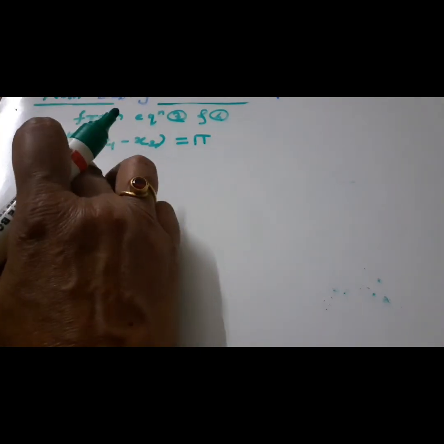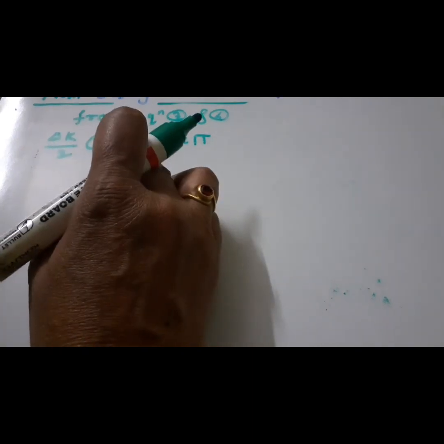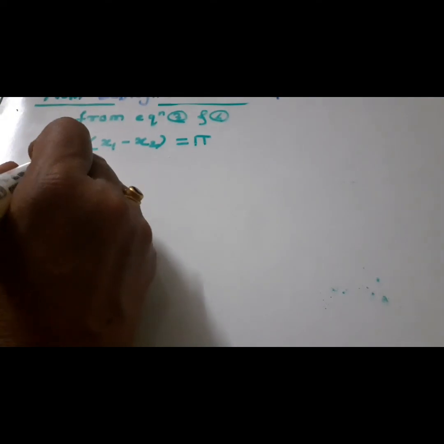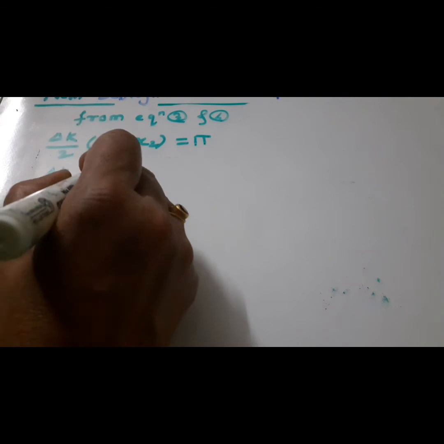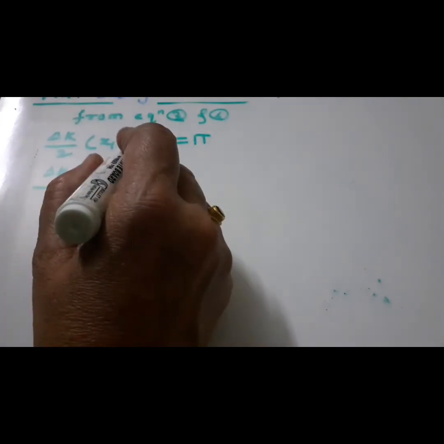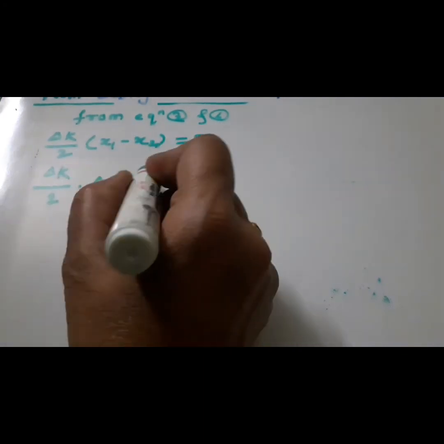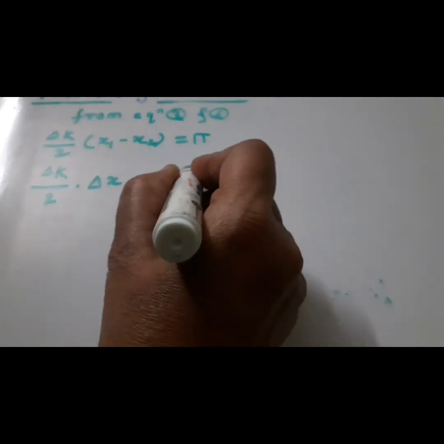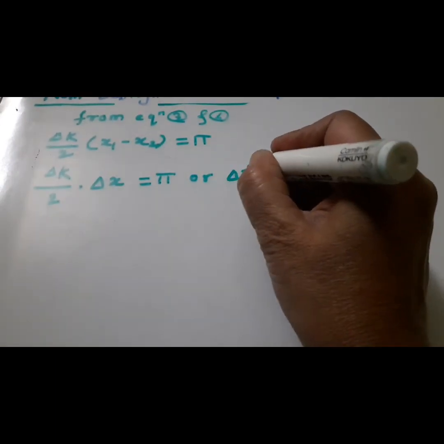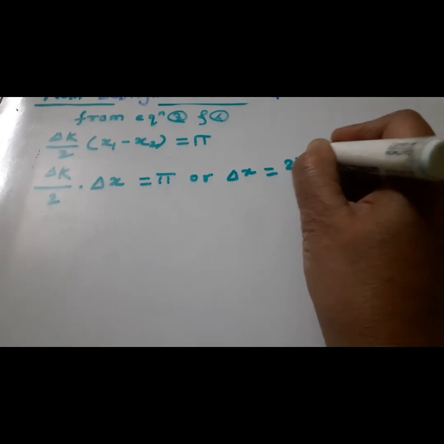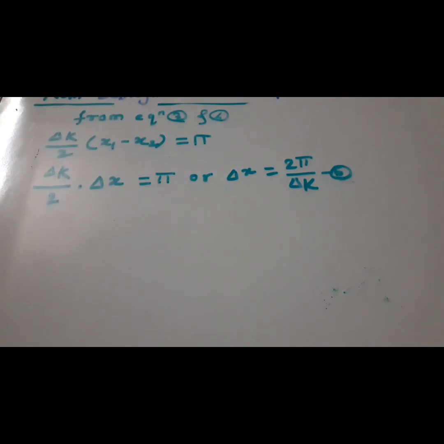So delta k divided by 2 into (x1 minus x2) is equal to pi, or in another manner delta k divided by 2 into delta x, because x1 minus x2 is the change in the position, so delta x is equal to pi, or delta x is equal to 2 pi by delta k, equation 5.